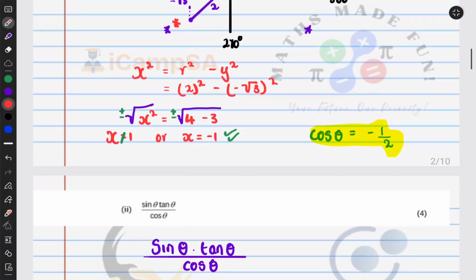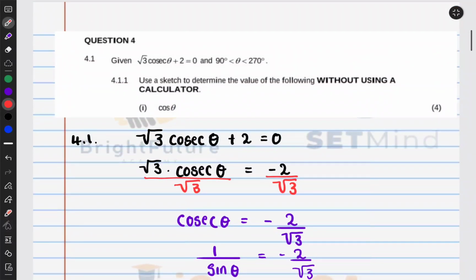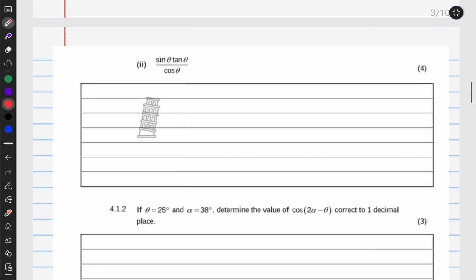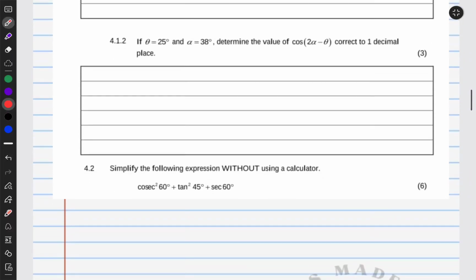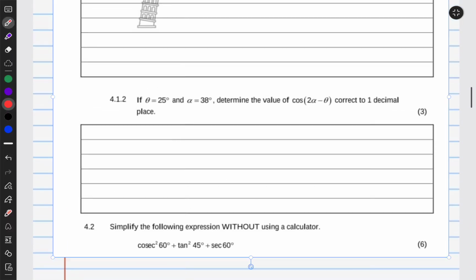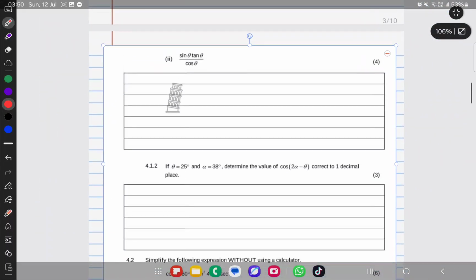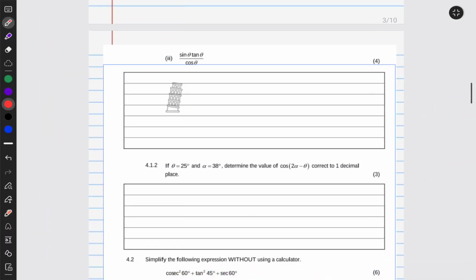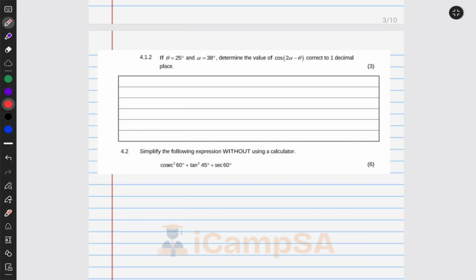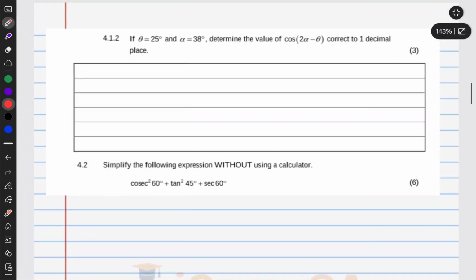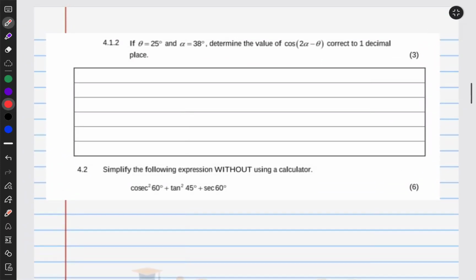Okay, that was number 2 for 4.1.1. Let's go ahead and do 4.1.2. Let's drop this one, since we have already done 4.1.1 number 2. So we are here in 4.1.2.